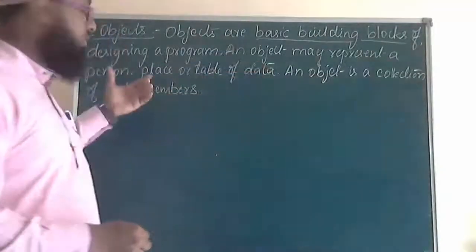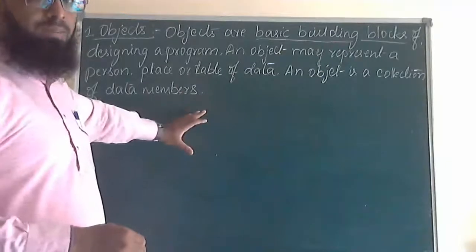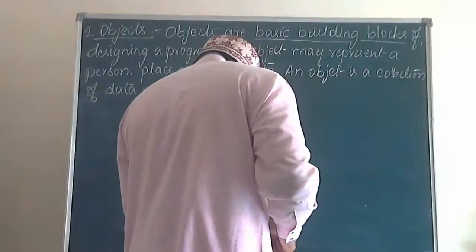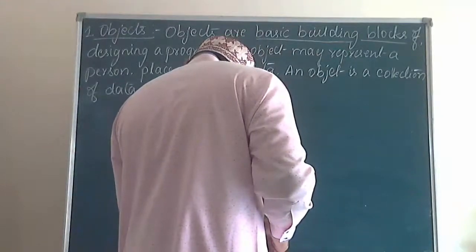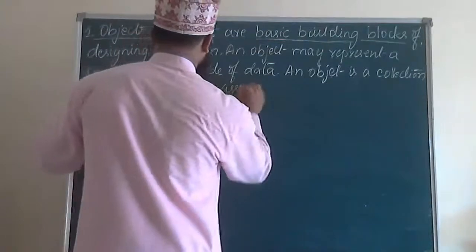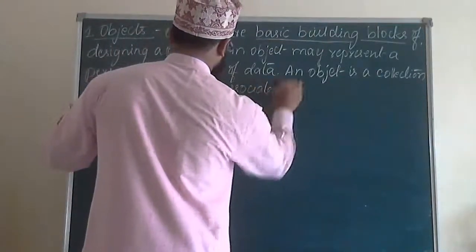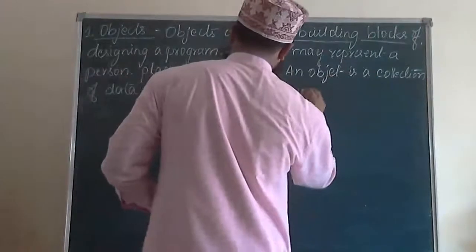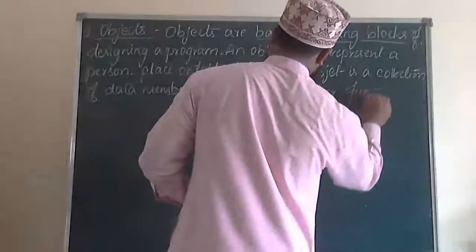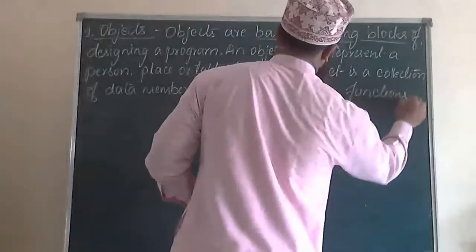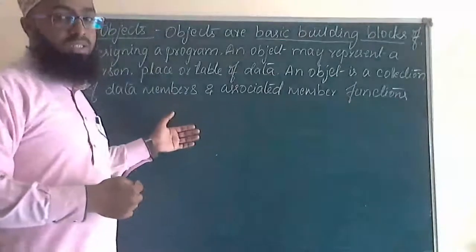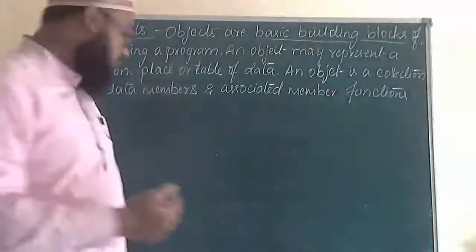A collection of data members we can call an object, and associated member functions. Later I will write the syntax of the object, then you will come to know clearly what an object is.